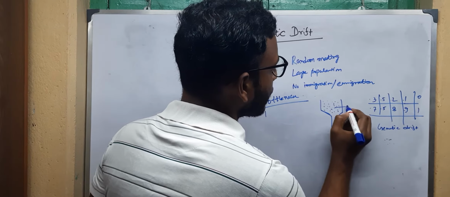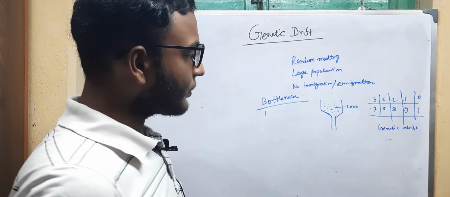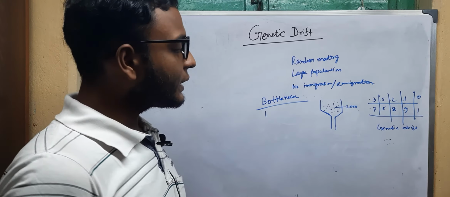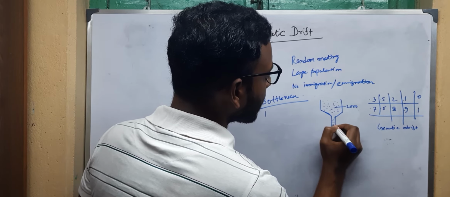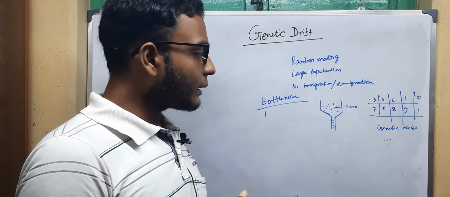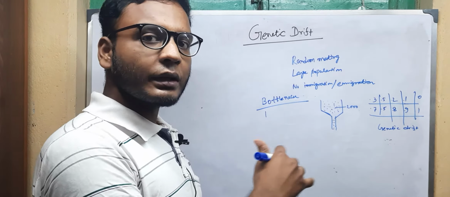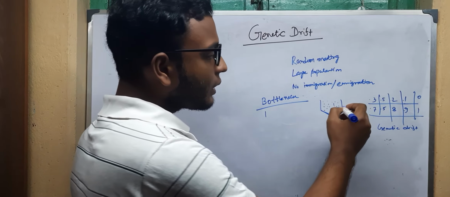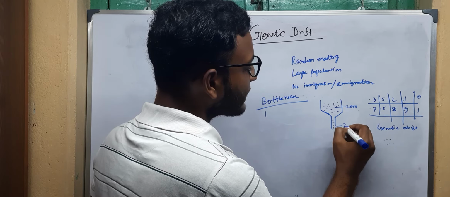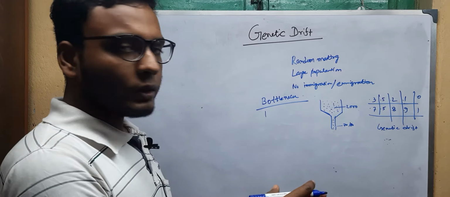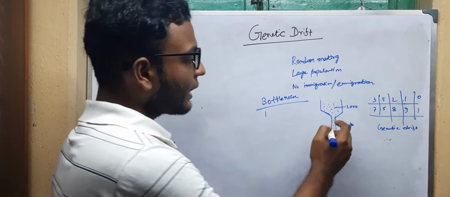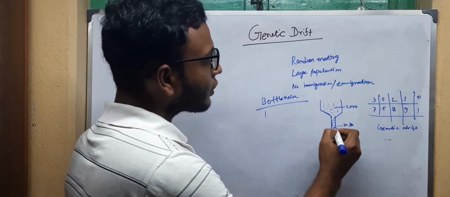Suppose 2000 individuals are present in this population, and due to some reasons, natural or anthropogenic, the population squeezes, and the squeeze is very drastic, so the number of 2000 individuals comes down to only 70 or 80. So you can see the population of 2000 now is only 70 or 80, and this shows the bottleneck.